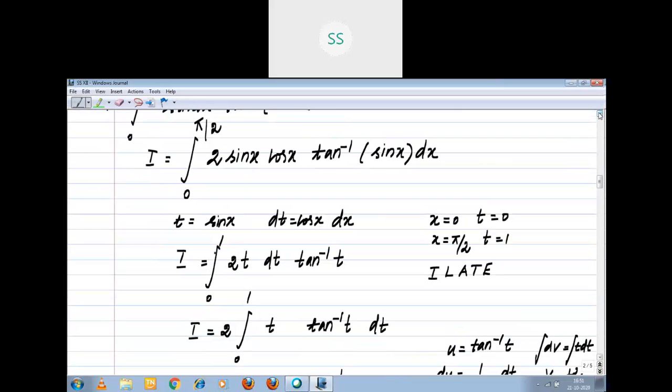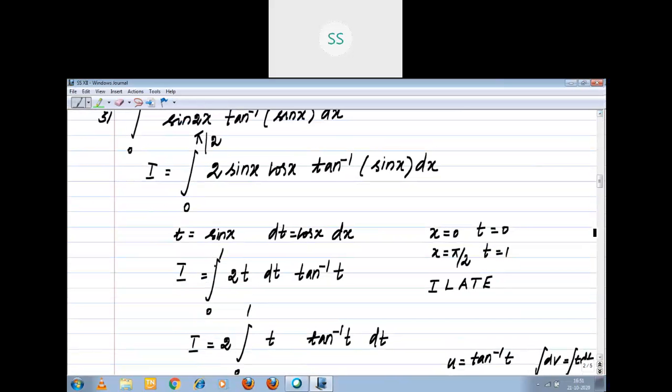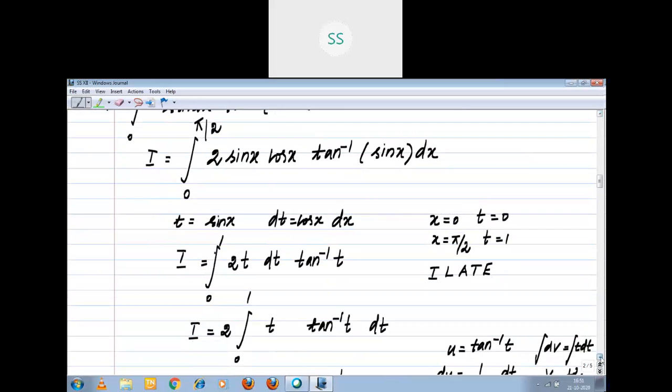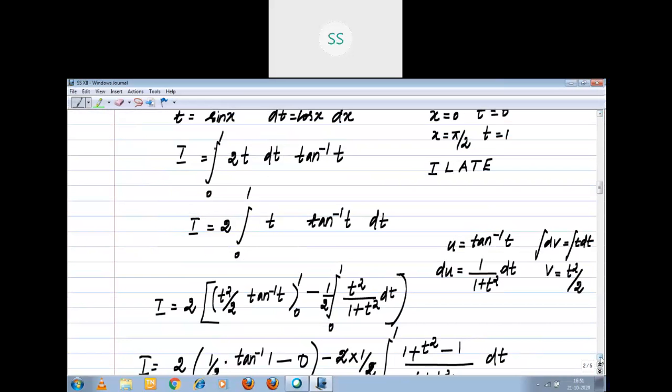Inverse comes first, that is your u, and the rest comes under integral dv. So u equal to tan inverse t, integral dv equal to t dt. du equal to 1 by 1 plus t square dt, v equal to t square by 2.